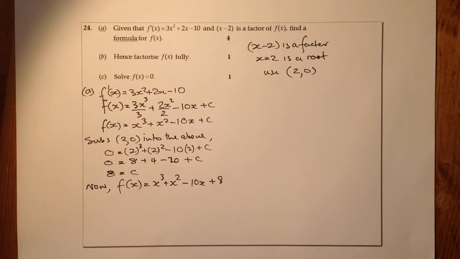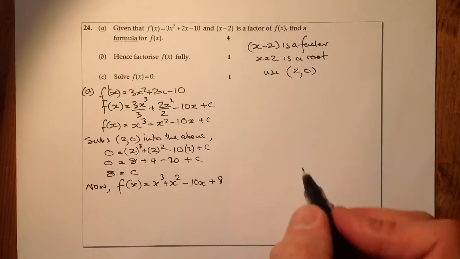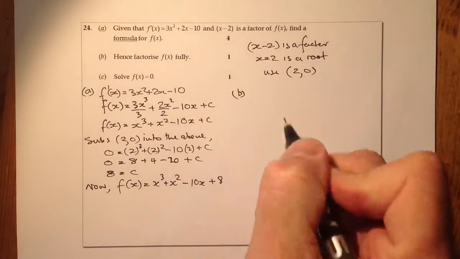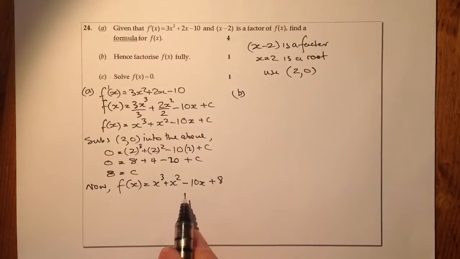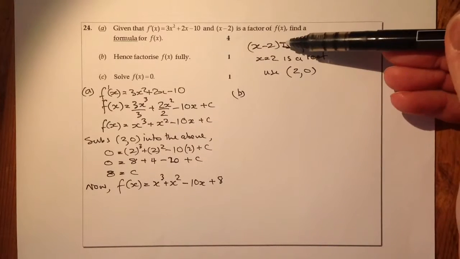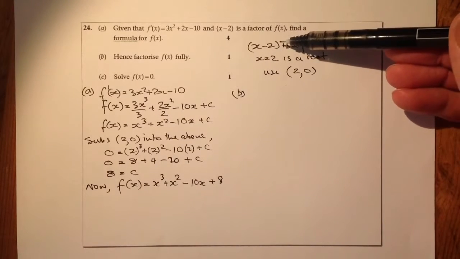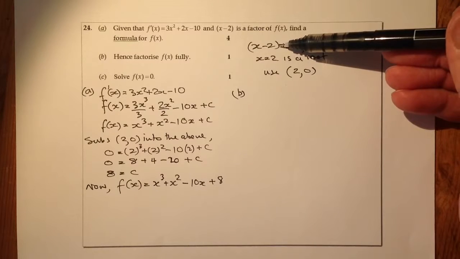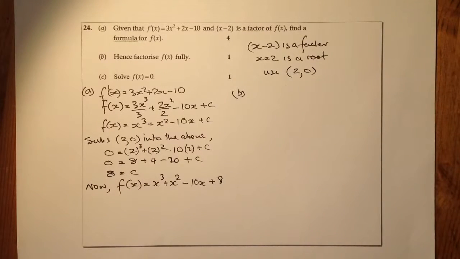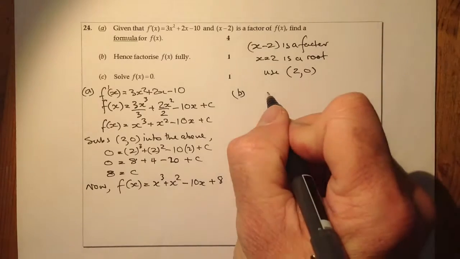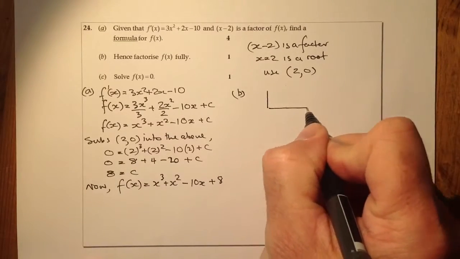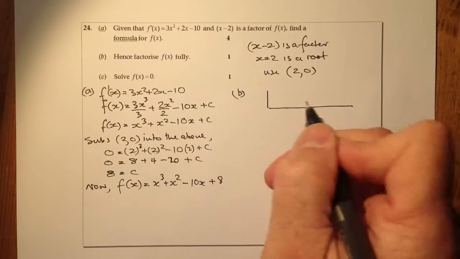Right, that's part A complete. What we'll do is move on to part B. We have to factorise this fully. I already know that one of the factors is x minus 2. So I'm going to use that to try and work out the other factors. What I'll do is set up a synthetic division on this one.